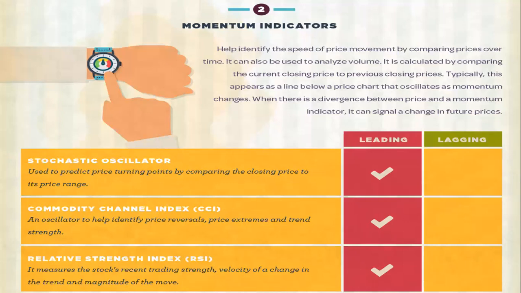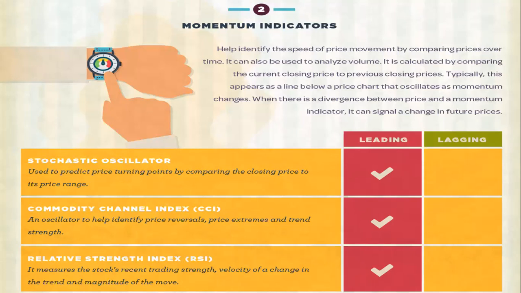It is calculated by comparing the current closing price to previous closing prices. Typically, this appears as a line below a price chart that oscillates as momentum changes. When there is a divergence between price and momentum indicator, it can signal a change in future prices.